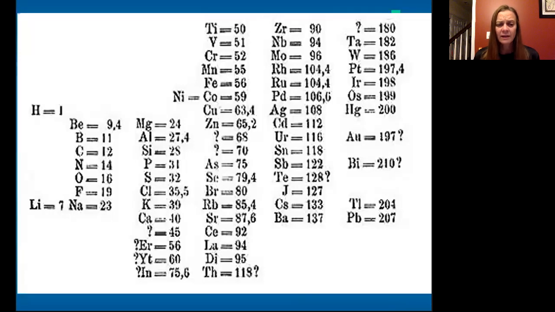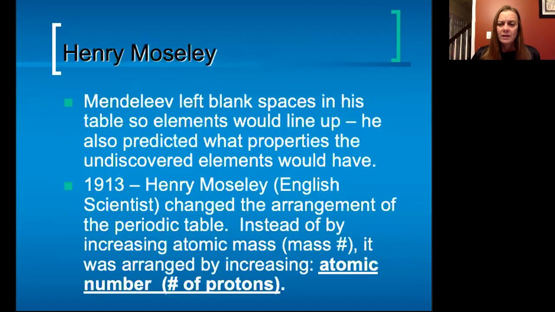So this is Mendeleev's table. Looks a little different from our table. It actually looks more similar if you turn it on its side. What's unique about Mendeleev's table is that he saw those repeating patterns and he left the spaces. He predicted what properties those undiscovered elements would have, and it turned out as we found them that they did fit that way.